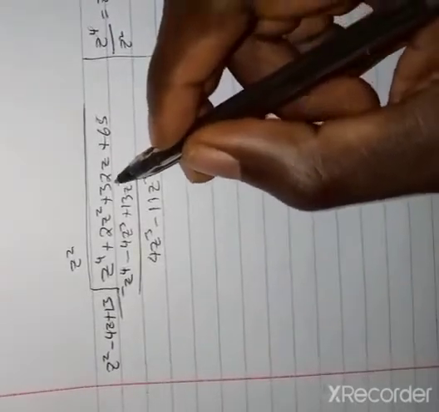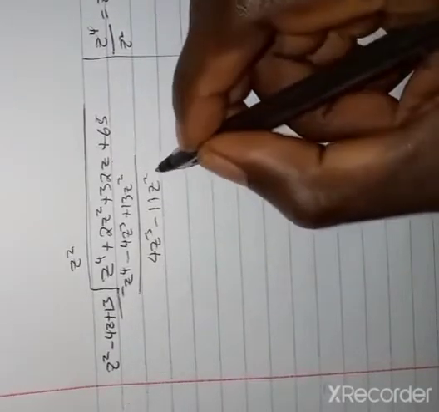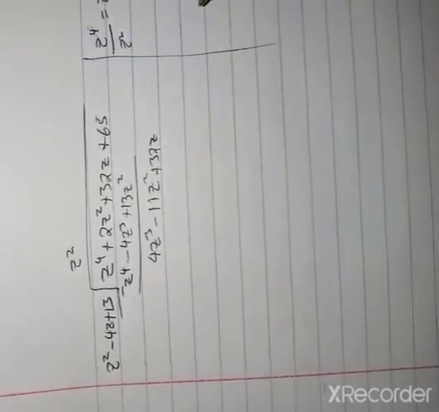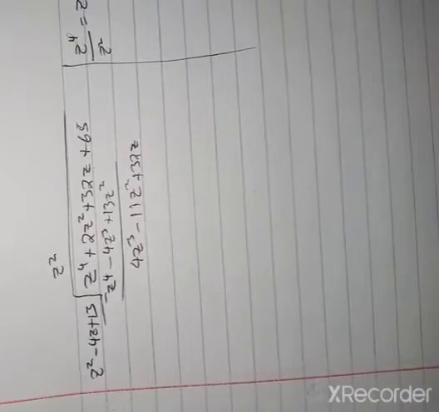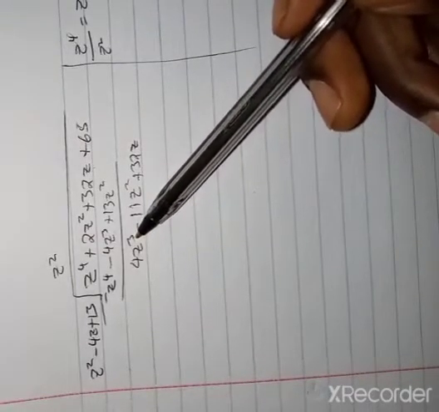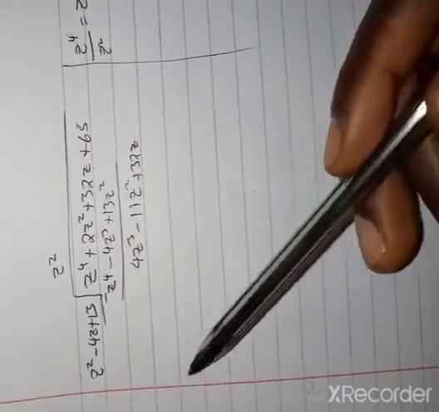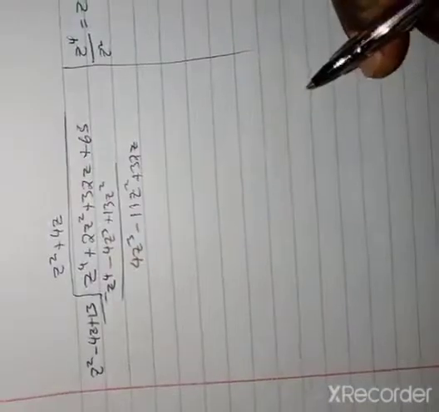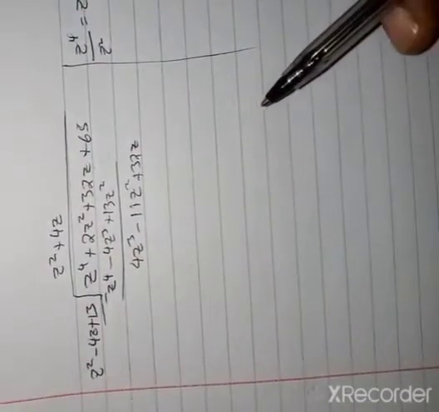I bring down the coefficient with z, which is positive 32z. I proceed with the division as usual. So I shall take 4z cubed divided by z squared. I get positive 4z. So positive 4z as the quotient.